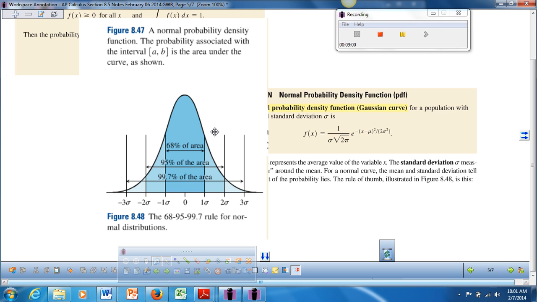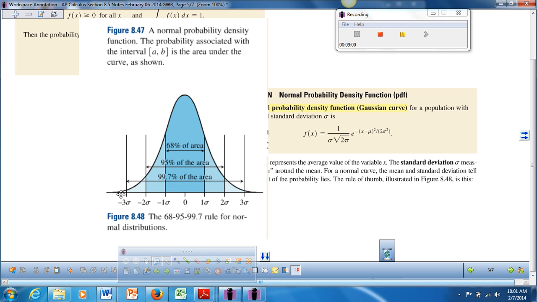We have a normal distribution where the center line is 0, but what is it with respect to the data? The mean, right? That center line coming down is the mean. And the standard deviation measures how our data is scattered about the mean.